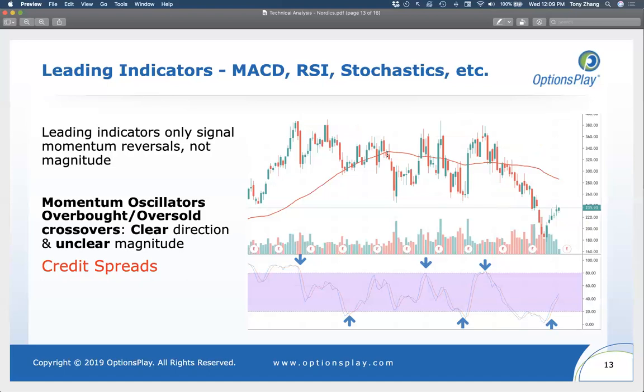The answer is that the indicators themselves do not give you any sense for magnitude. You have to figure that out through other forms of analysis, perhaps through chart analysis, perhaps through support or resistance lines. Maybe on some of these occasions you are able to get a sense for magnitude, but most of the time you don't, which is why it doesn't make sense to use a debit spread or to buy a call or a put when you do get one of these reversals.